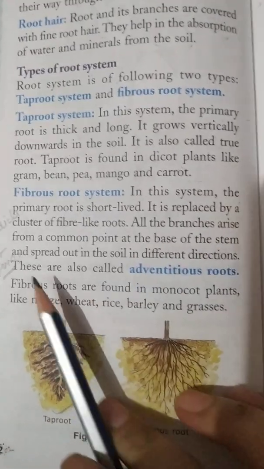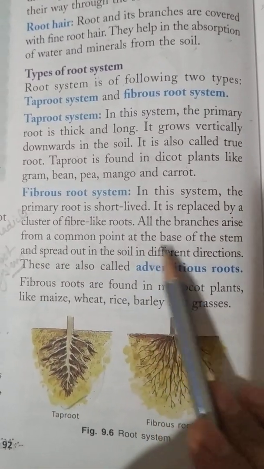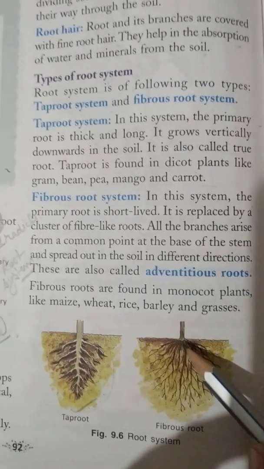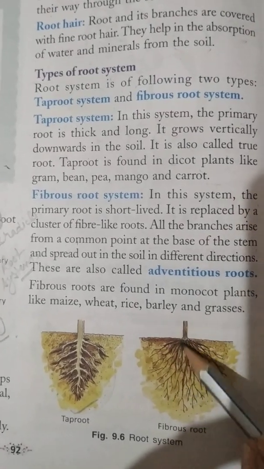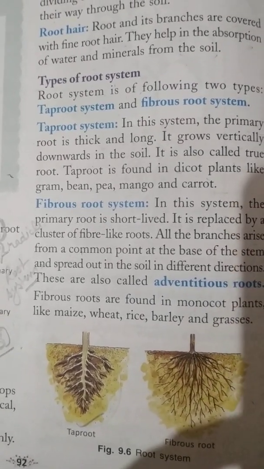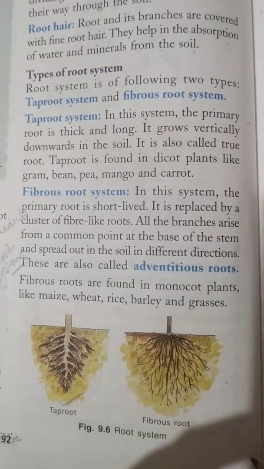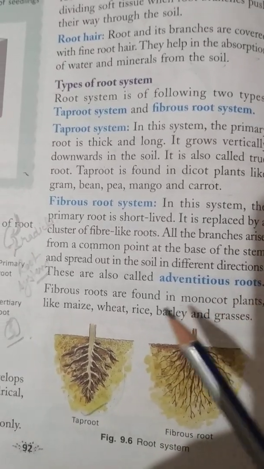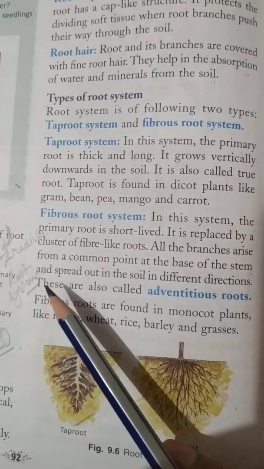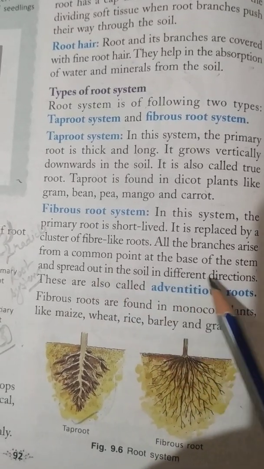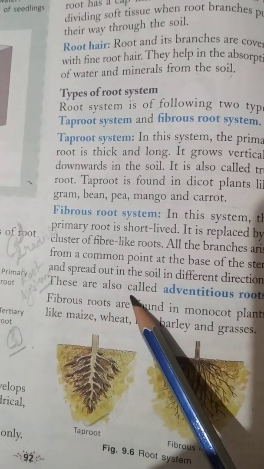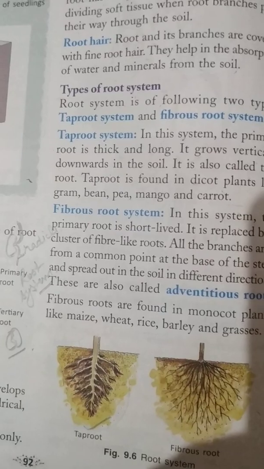There is no main root present in the fibrous root system. All the branches arise from a common point at the base of the stem. So here the branches arise like this, and spread out in the soil in different directions. These are called adventitious roots.